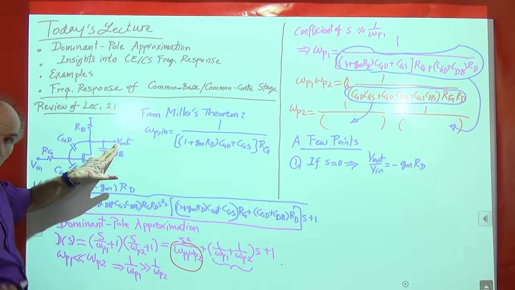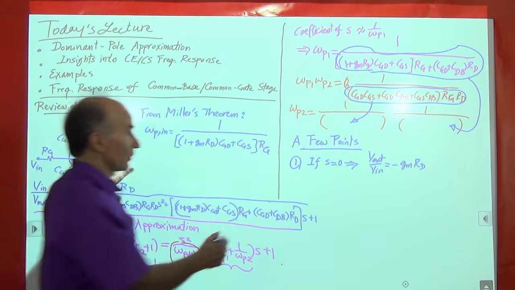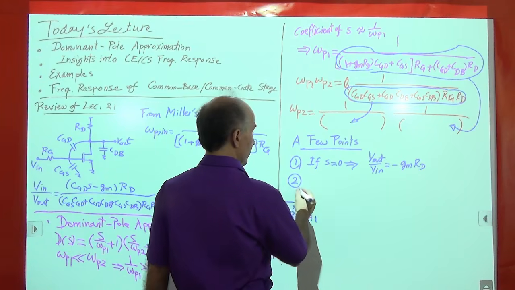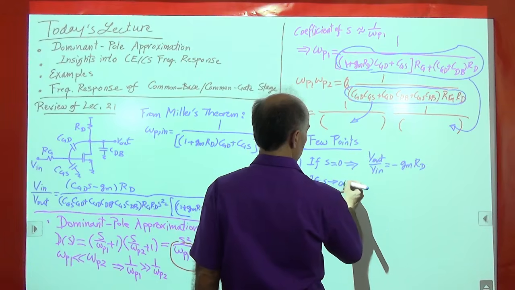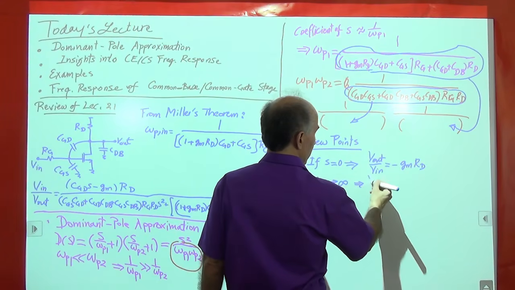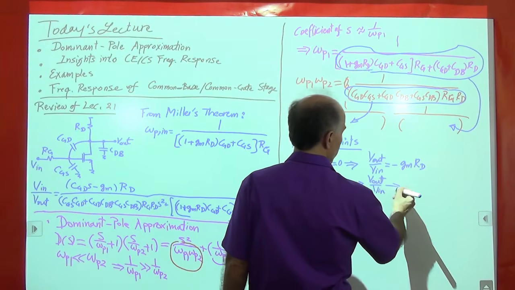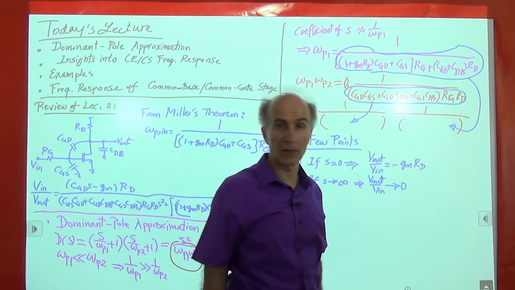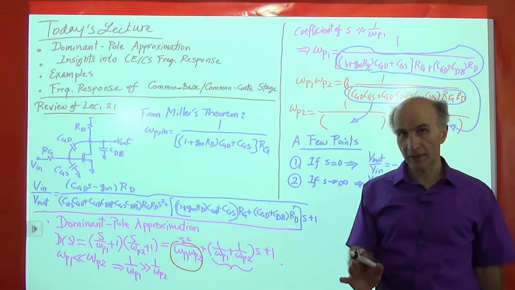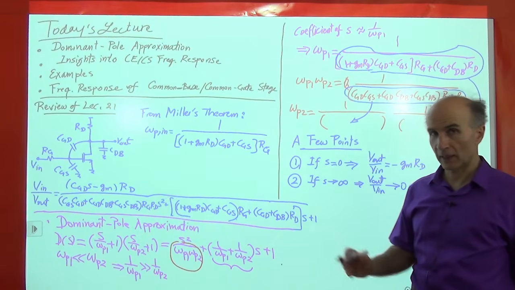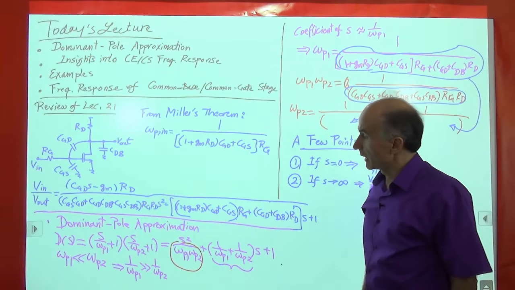So yes, V out over V in at infinite S will be 0. So that's also good to know. Of course, nothing surprising really. So if S goes to infinity, then V out over V in goes to 0. Right? This is what you would call a low pass filter, because low frequencies can go through it, high frequencies cannot go through it.